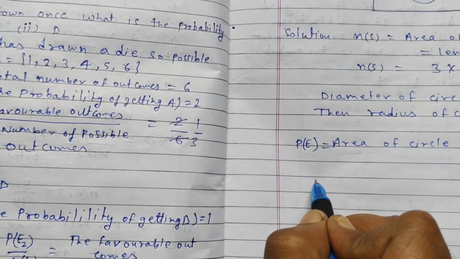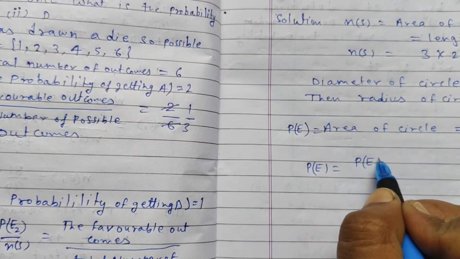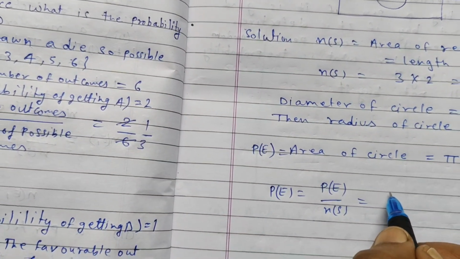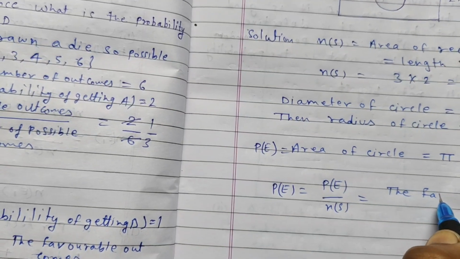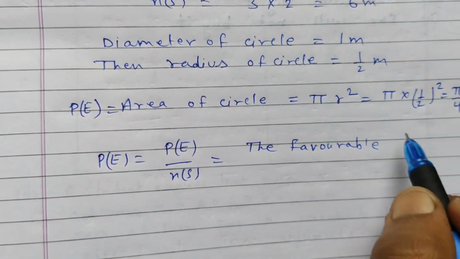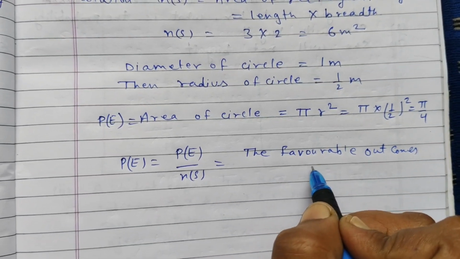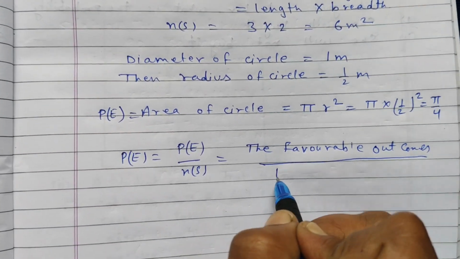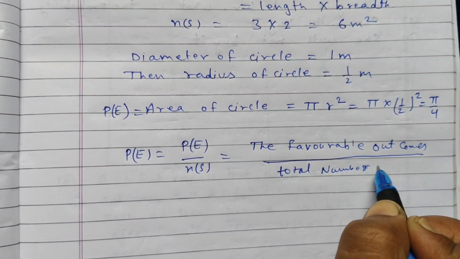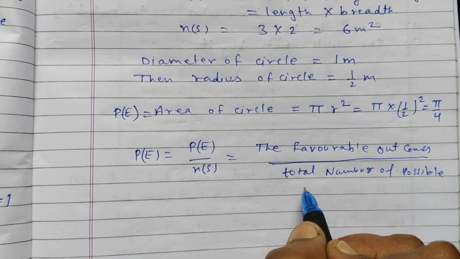Here P(E) is equal to n(E) upon n(S), the favorable outcomes upon the total number of possible outcomes.